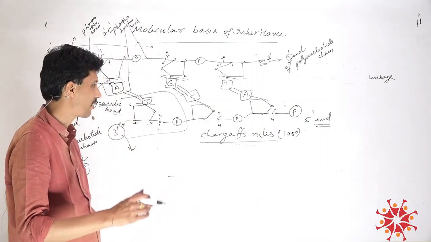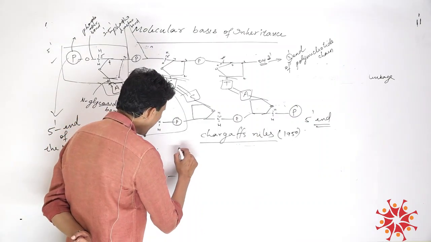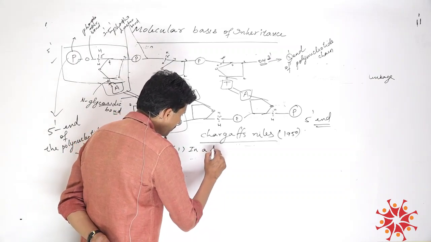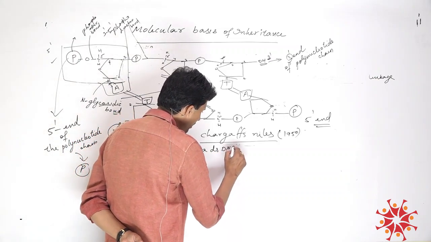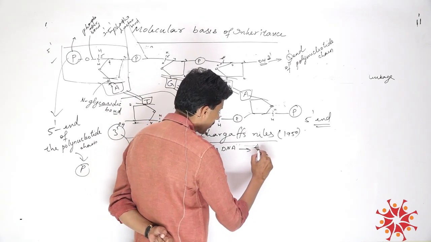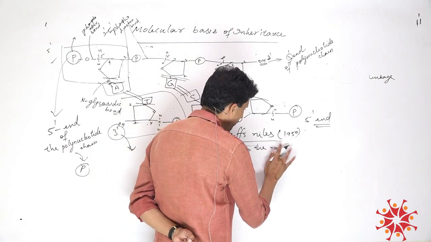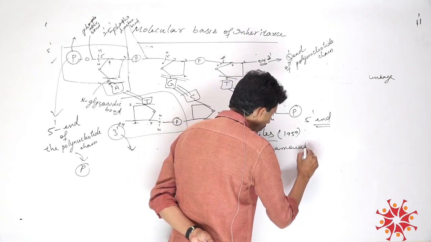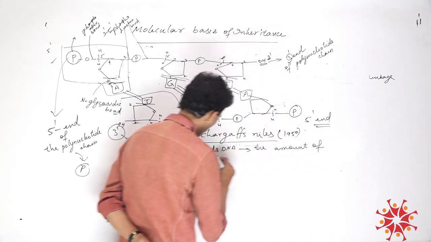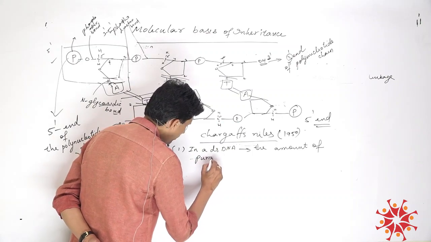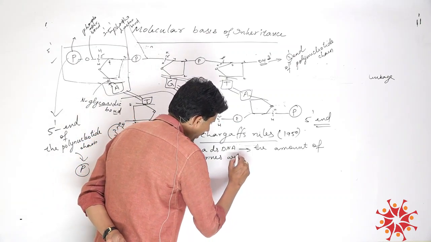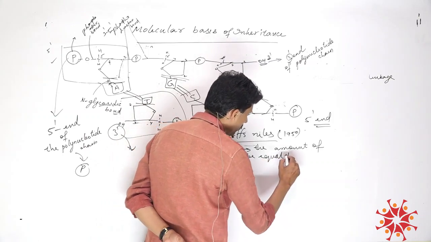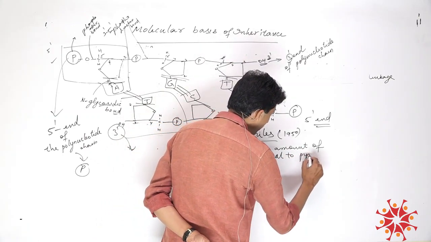What are those Chargaff's rules? First he says, in a double-stranded DNA, the amount of purines will be equal to pyrimidines.